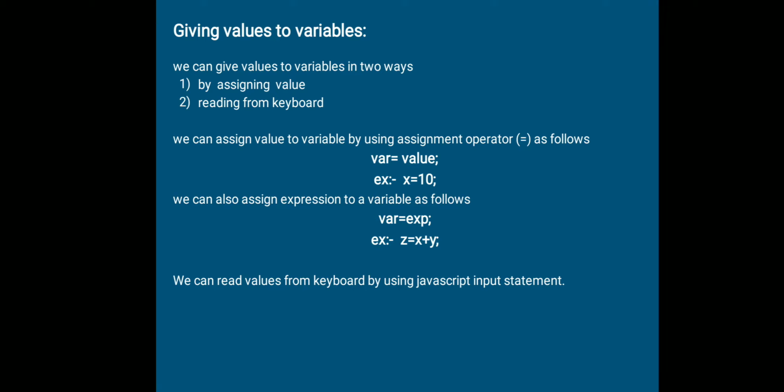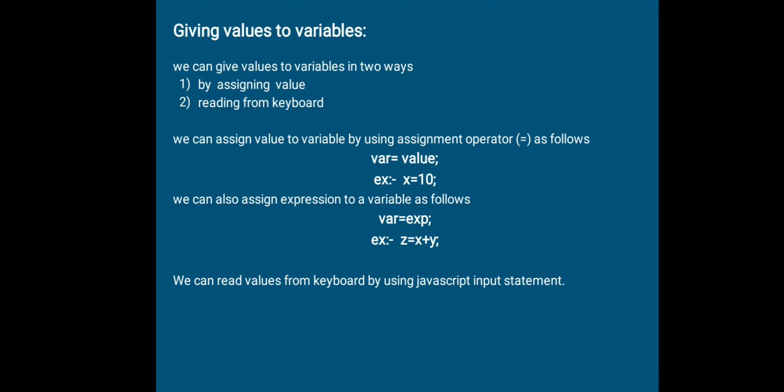We can assign values to variables by using the assignment operator equal to: variable name equal to value. For example, we can give x equal to 10, y equal to 15, whatever value we want to give.